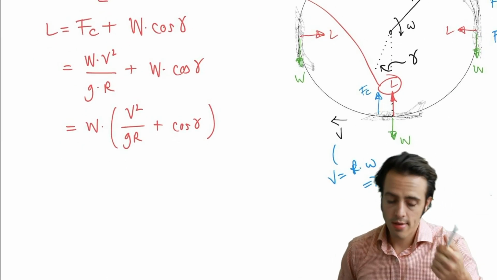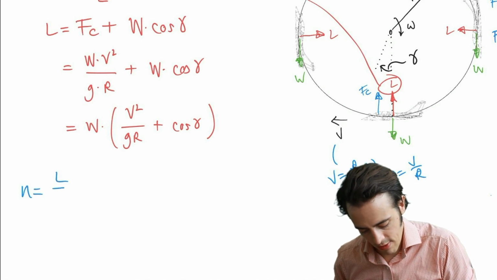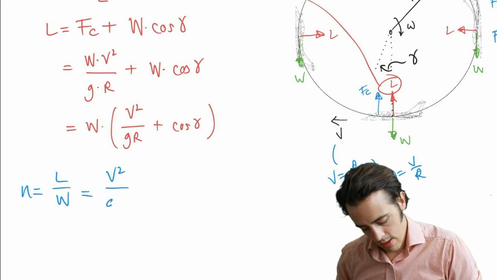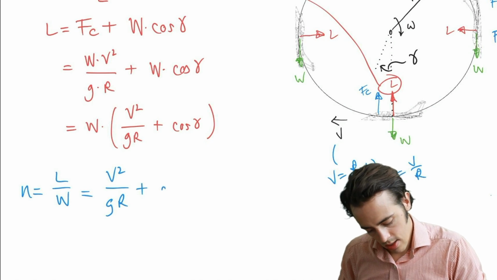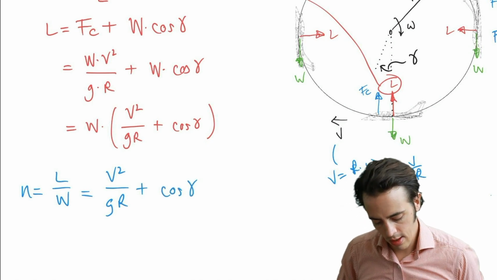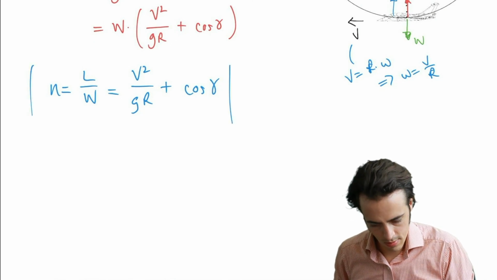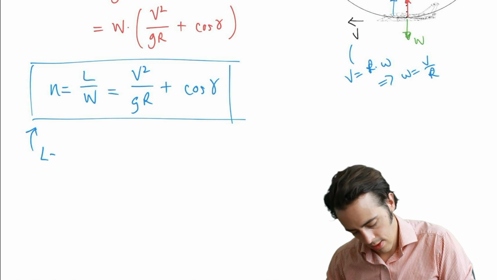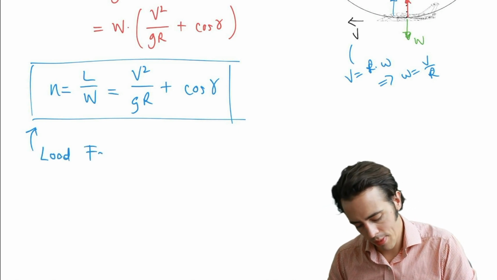We can define this in terms of the load factor now. So n, remember, is equal to the lift divided by the weight. So for our aircraft in the loop, it's equal to V squared divided by g r, plus cosine gamma. So this is our load factor variation in a constant radius loop.